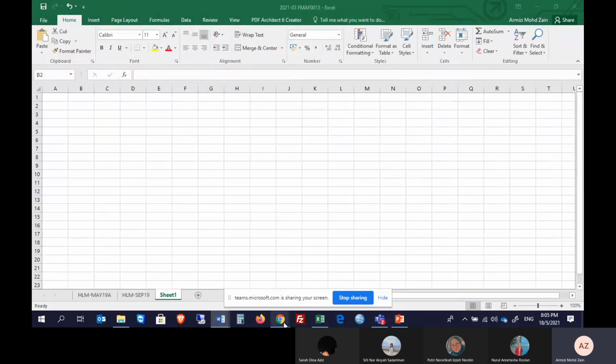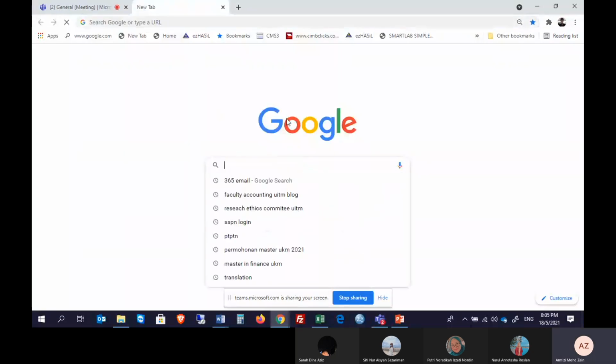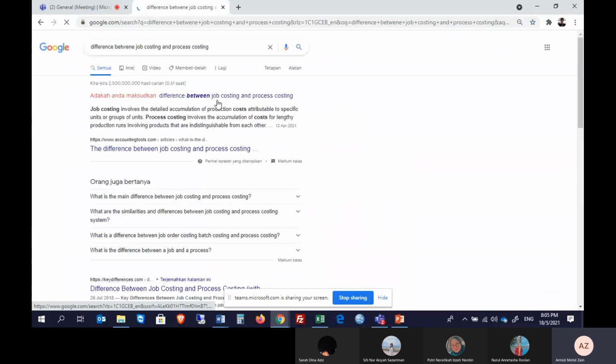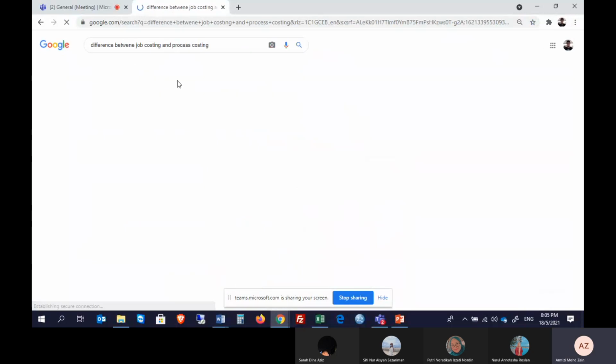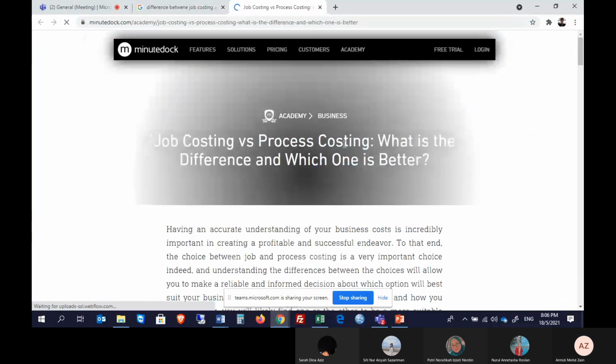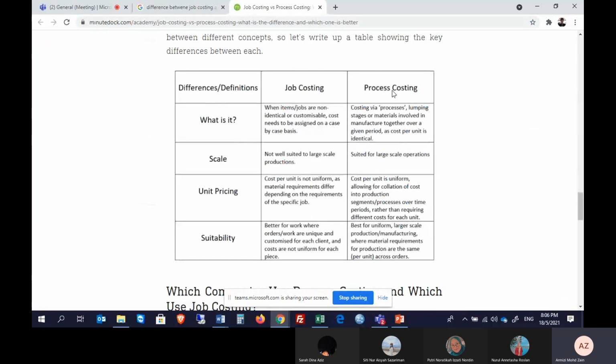If you go to Mr. Google, and search differences between job costing and process costing, image for example, this one. Job costing, process costing.